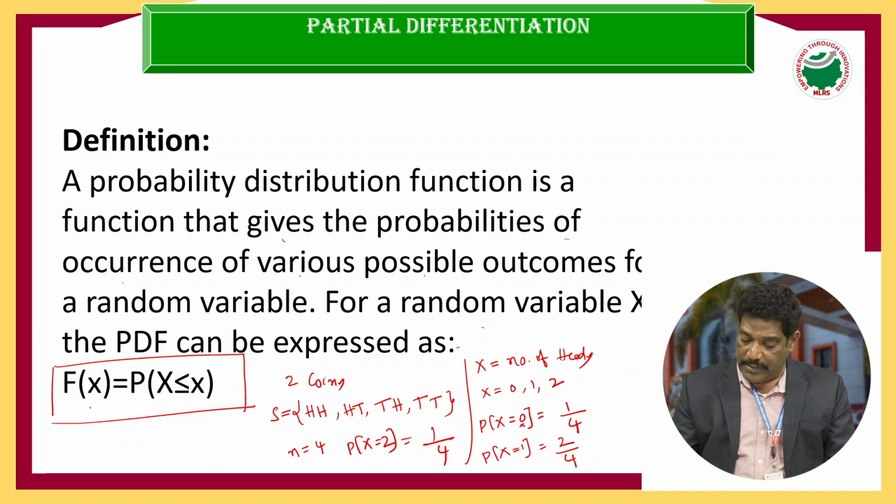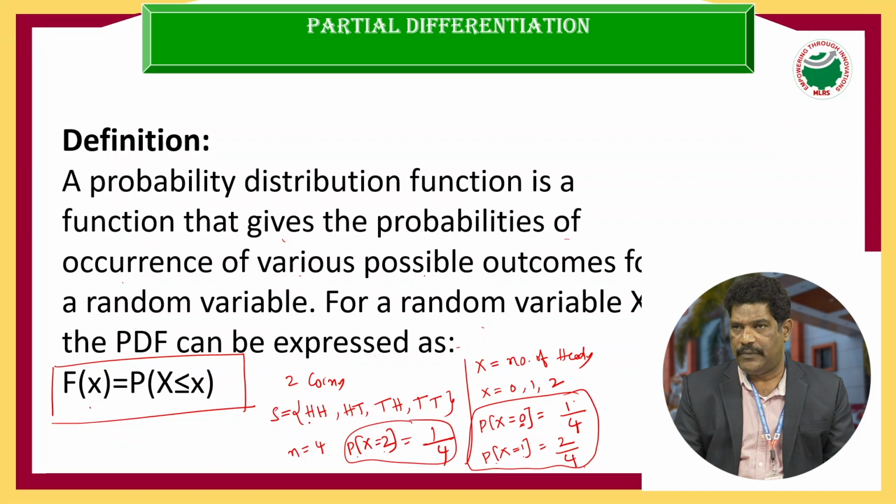So probability of x equals 0 is 1 by 4, probability of x equals 1 is 2 by 4, and probability of x equals 2 is 1 by 4. These are called probability distribution values.